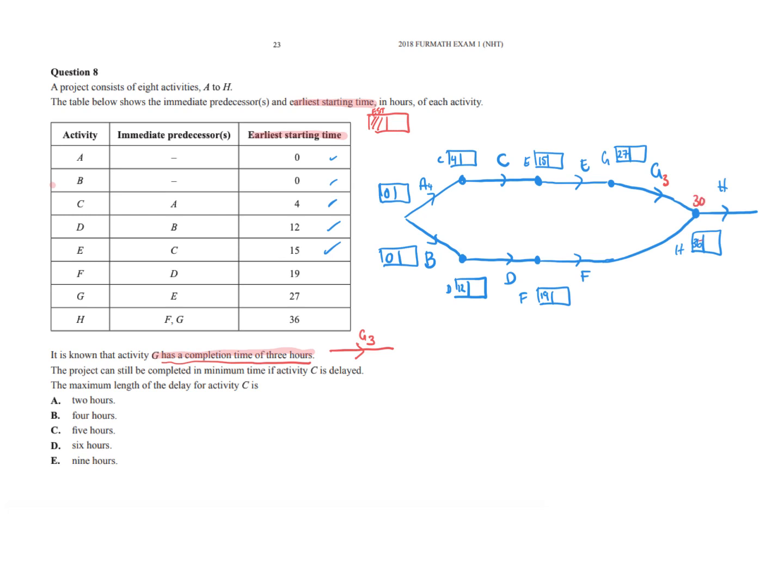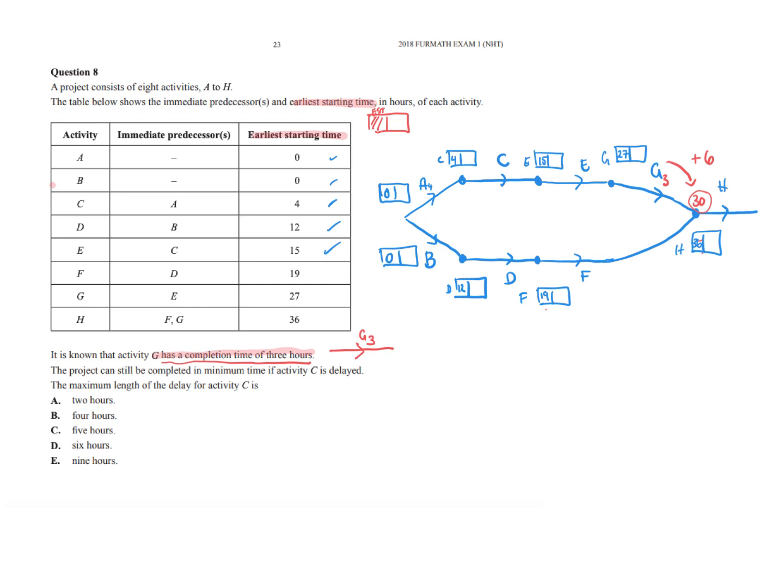But H is not at 30, it's at 36. So we've got an excess of 6, we can wait for 6 hours here, because it's leading from F.